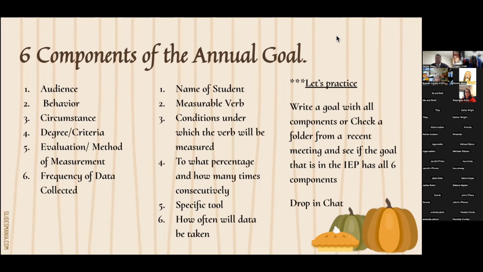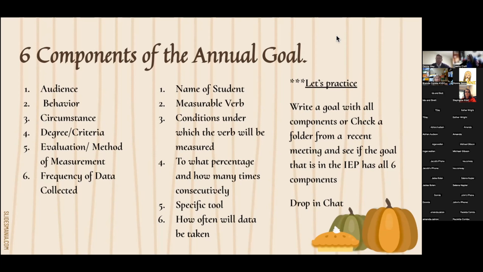Now, if you've had our trainings before, one of the things that we talk about is the Infinite Campus Goal Monitoring tab. In Infinite Campus, there's a tab where you go in, you put the data in, it creates a baseline for you, and you're able to input data every so often, and it's supposed to match up with number 6, the frequency of data collection.